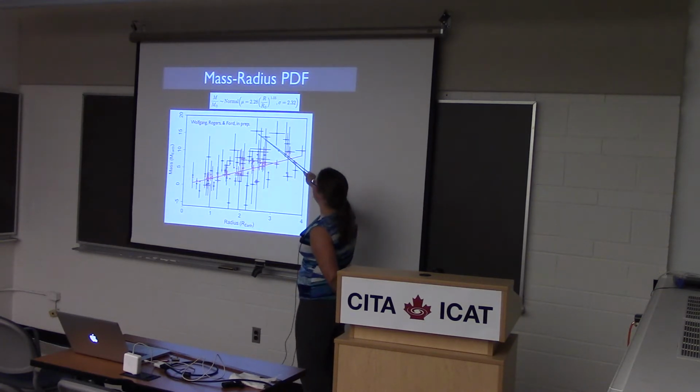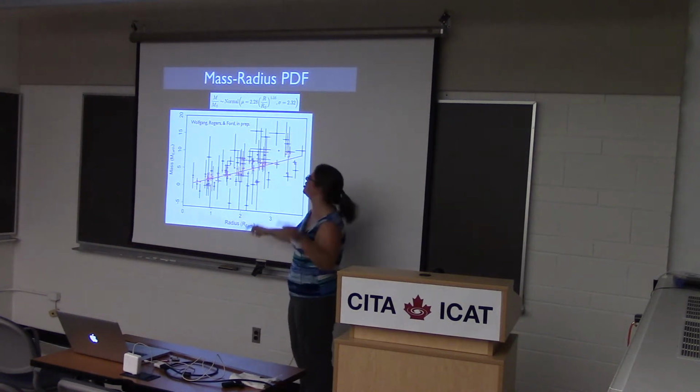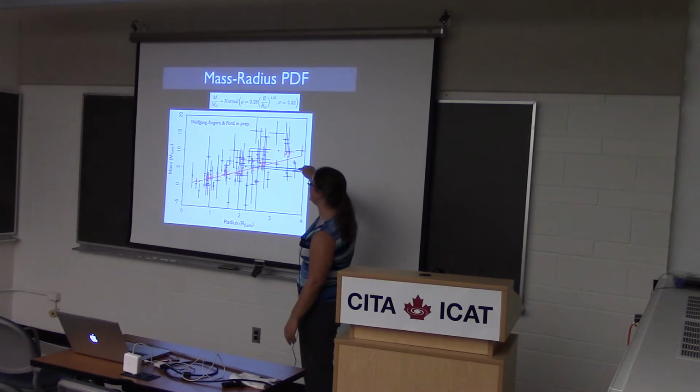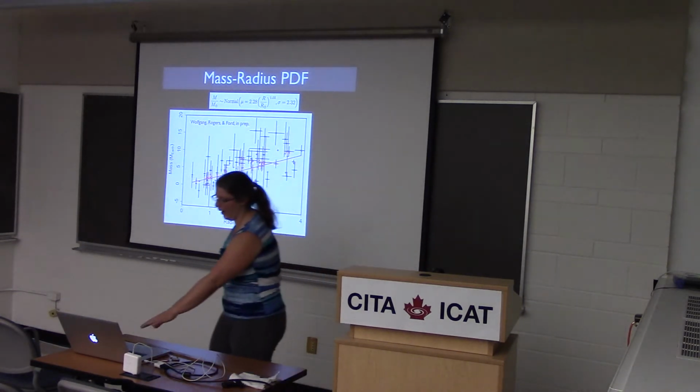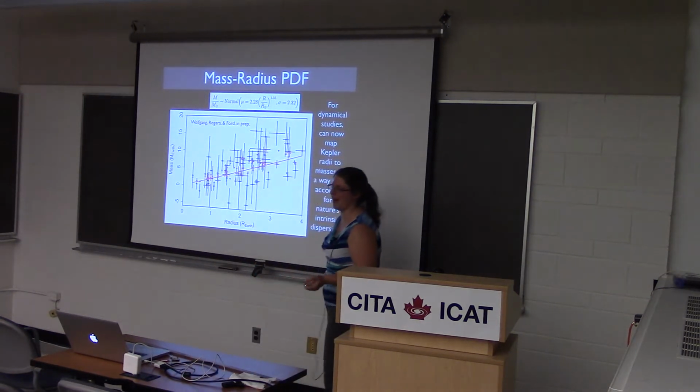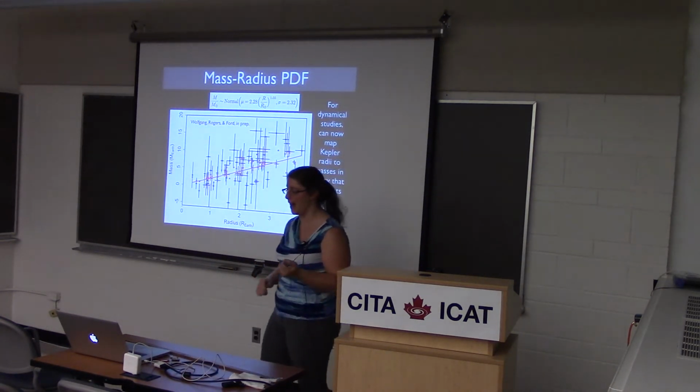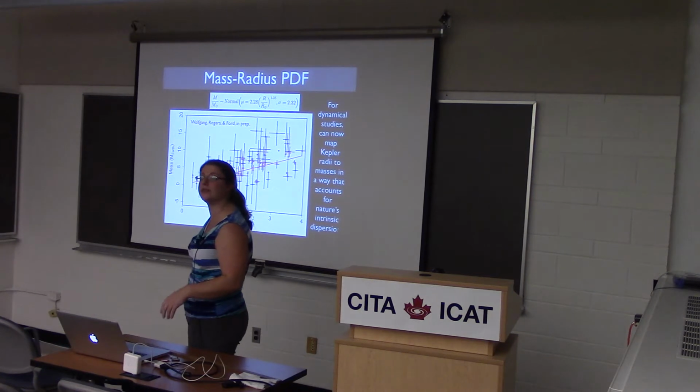The black points are the data in this sample. This red line is the mean relationship right here. And then you can see the scatter in terms of the red points. So now we have a way to map radii to masses that accounts for nature's intrinsic dispersion.